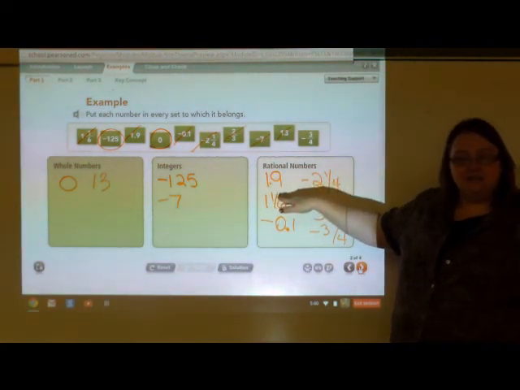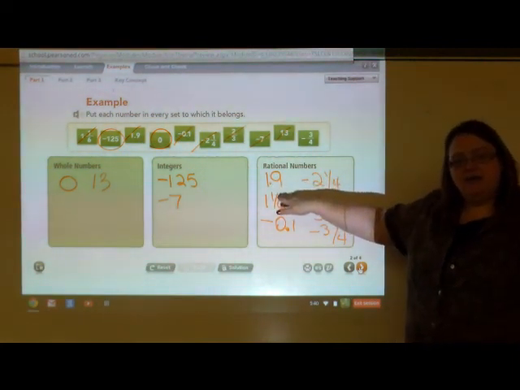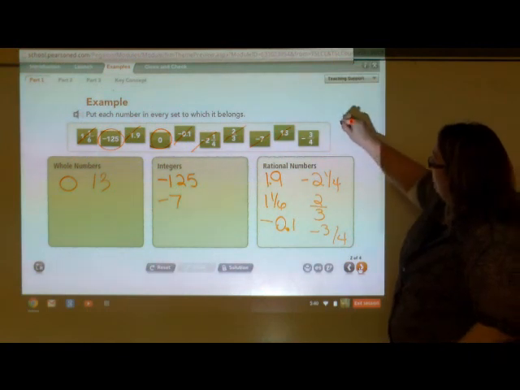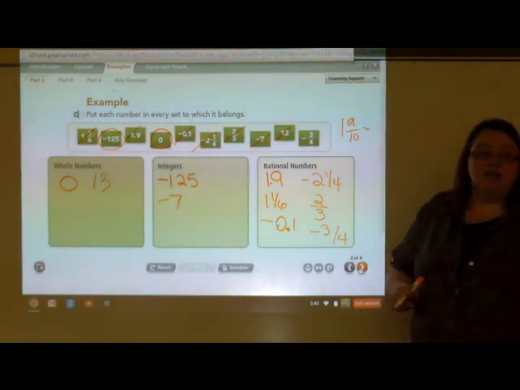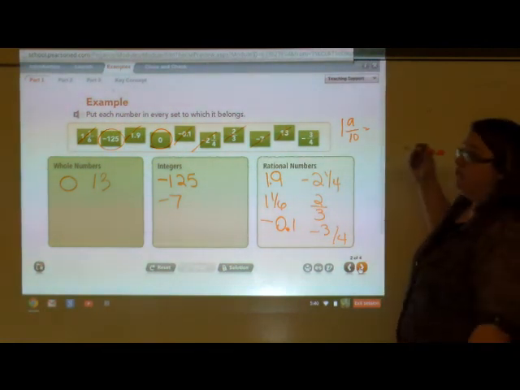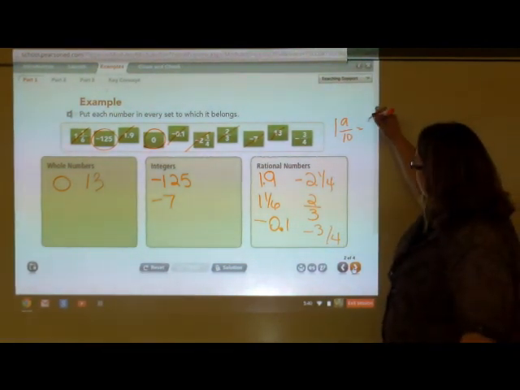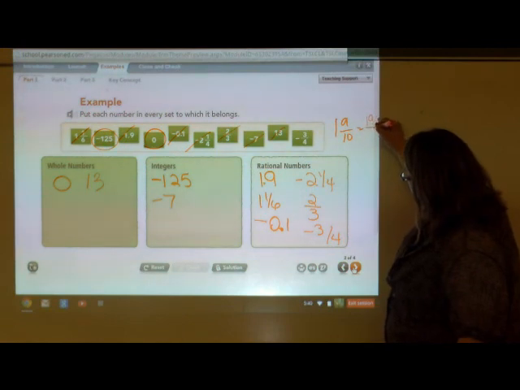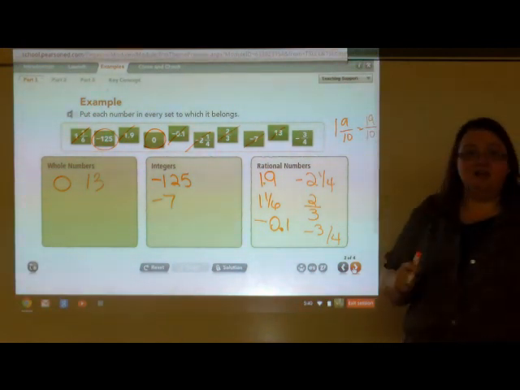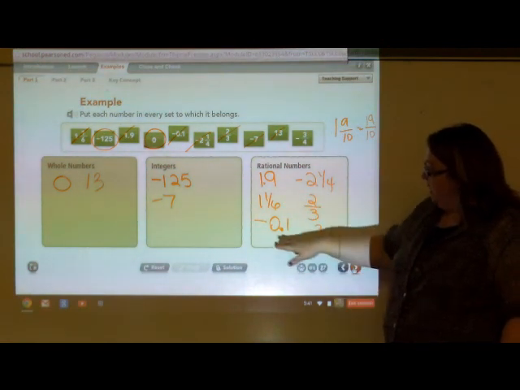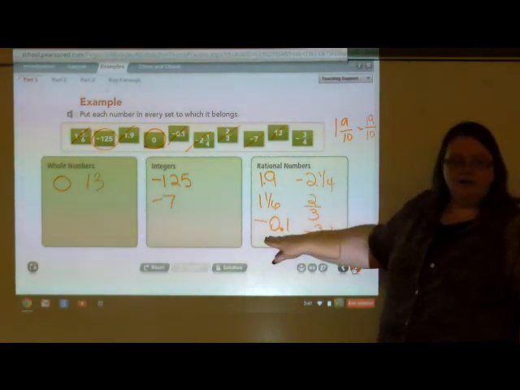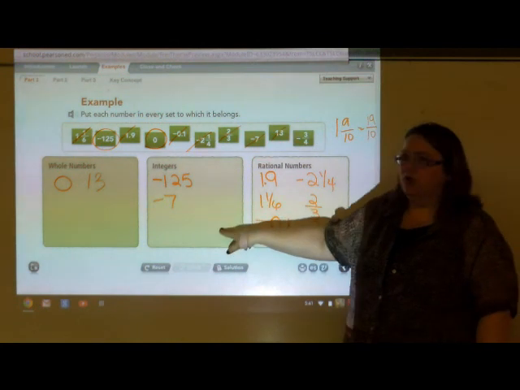I have 1 and 9/10. Wait, how can that be? Oh, that's right, 1 and 9/10 can be written this way. And then to make it an improper fraction, that would be 19/10. It can, in fact, be written as a ratio. Same with 1 and 1/6. Wait, this -1/10, are we sure that it doesn't belong in the integers?